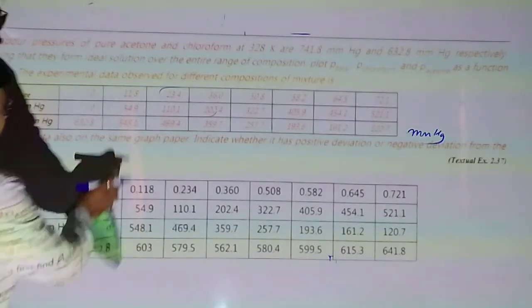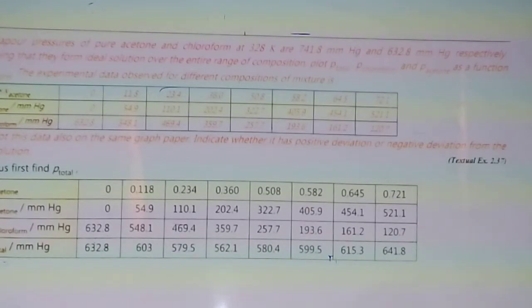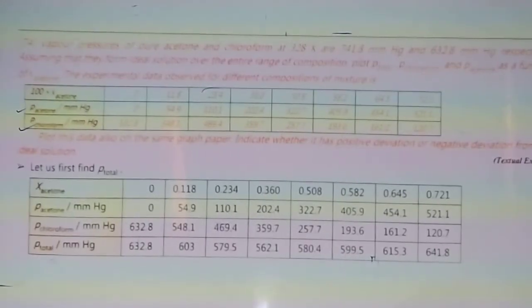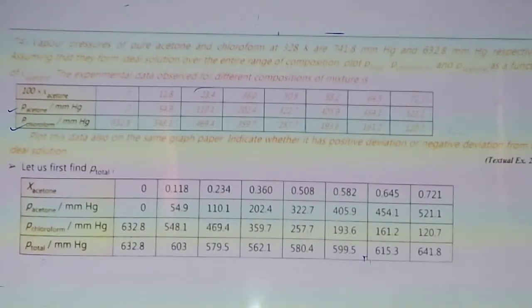Now come to question 2.37. The vapor pressures of pure acetone and chloroform at 328 Kelvin are 741.8 millimeter and 632.8 millimeter respectively.